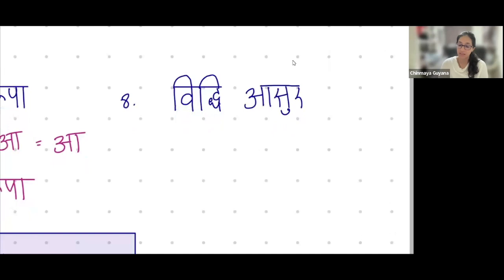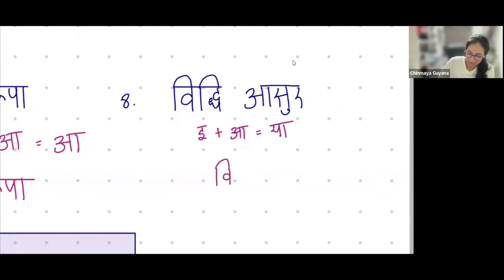Next, Vidhi Asura. E plus A equals Ya. The E is going to change into a Ya with a halant. Now, how do you write the halant plus Ya? You have to get that also right.